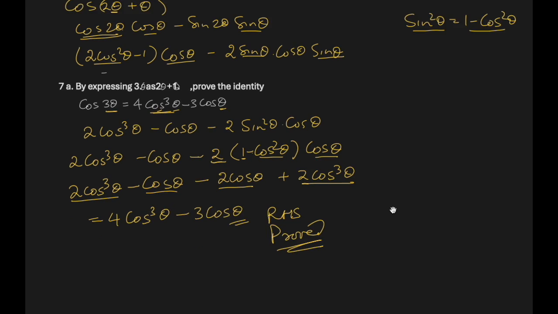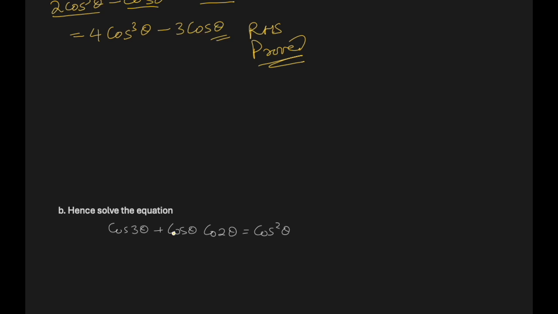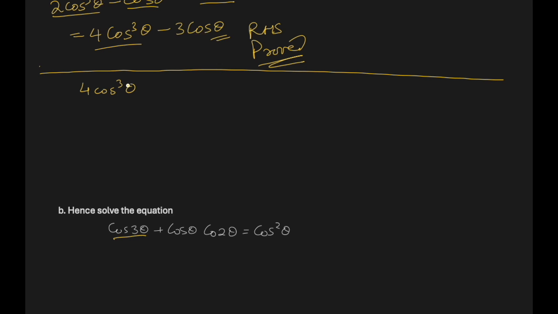Okay, what else are they asking? Hence, solve this equation. So cos 3 theta is this, what we got. So in place of this, we can write 4 cos cube theta minus 3 cos theta.